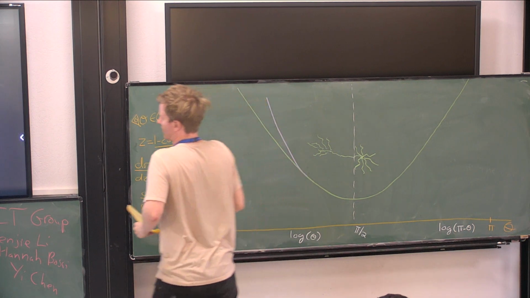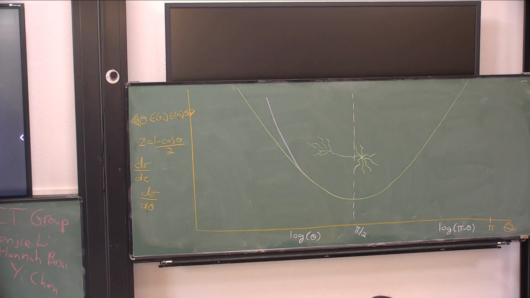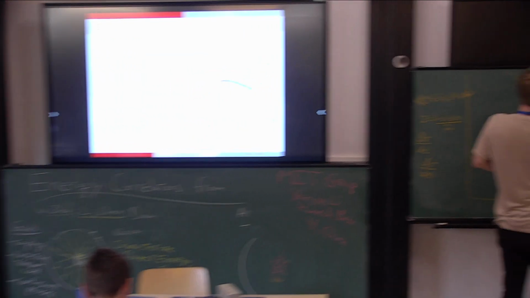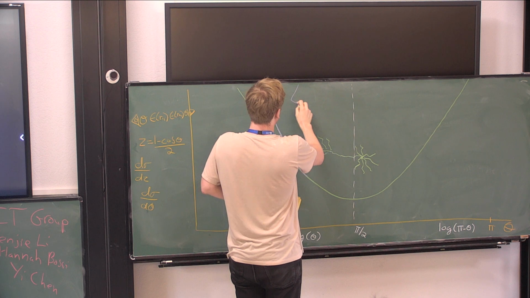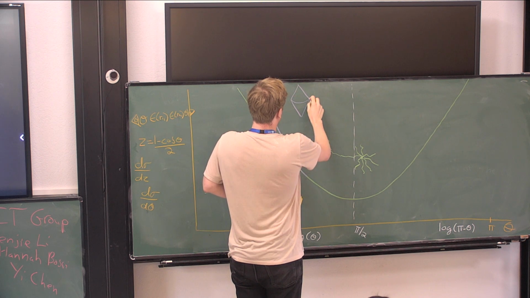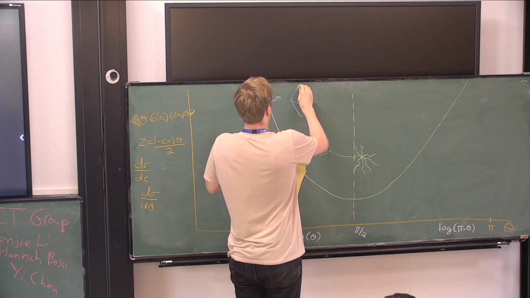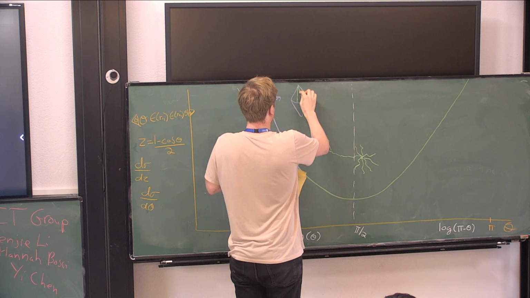This is the purple curve shown here, and it is described by the light ray operator product expansion. For now this should just be schematic, but I'll go through the details after.